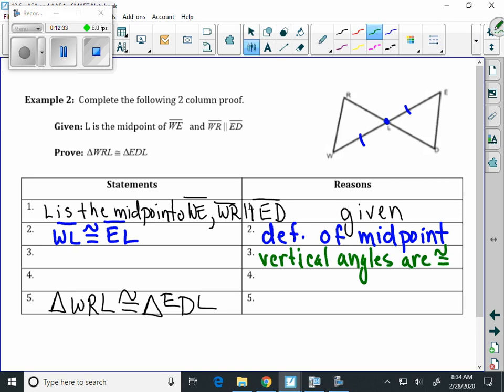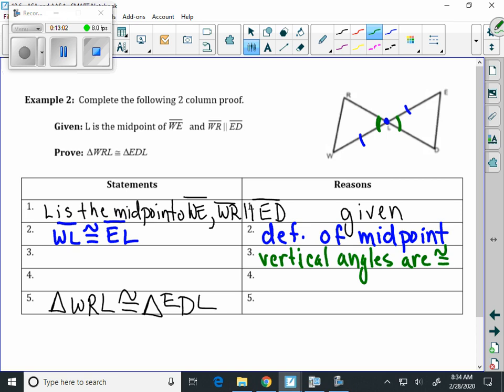The next one says vertical angles are congruent. Well, let's go back into the proof then, and let's identify the vertical angles. Here and here are our vertical angles. They're kind of opposite angles. And then what we can do is we can name that angle. Watch out, because the order is going to be important as we get closer to finishing this.